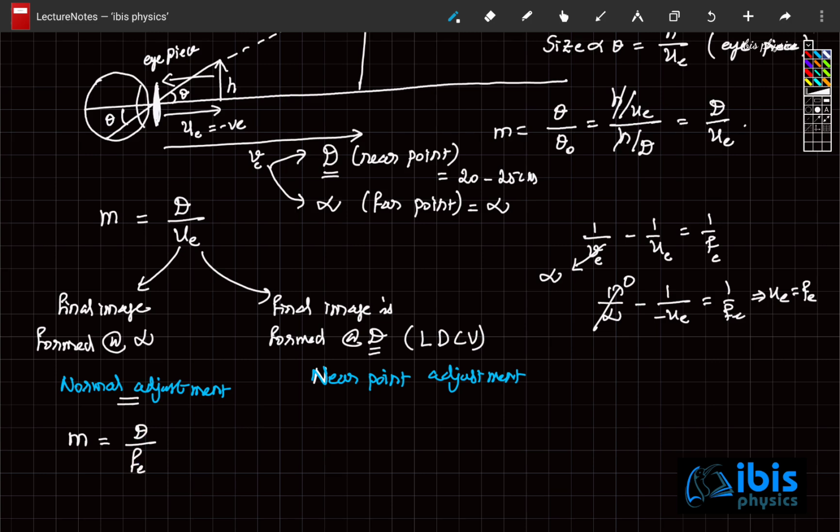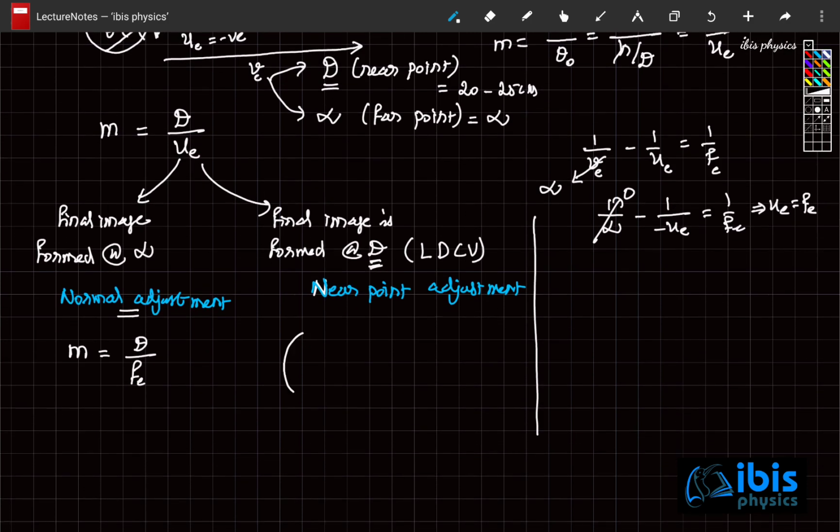Now the final image can also be made to form at the least distance for clear vision. Here is the object and the eye lens.